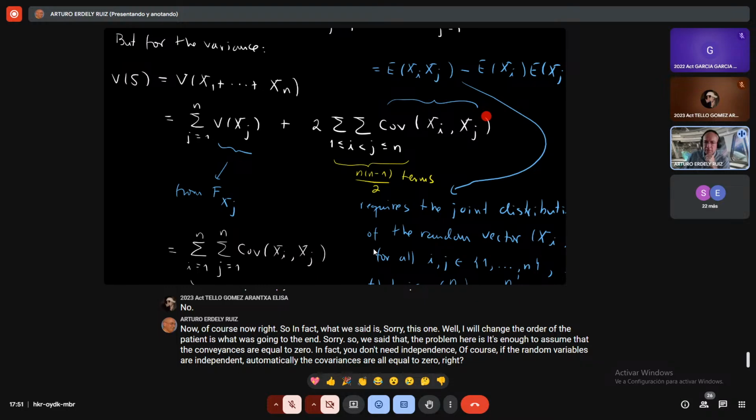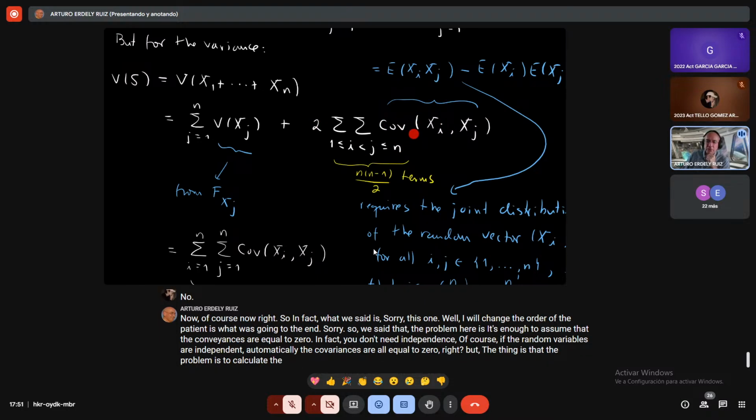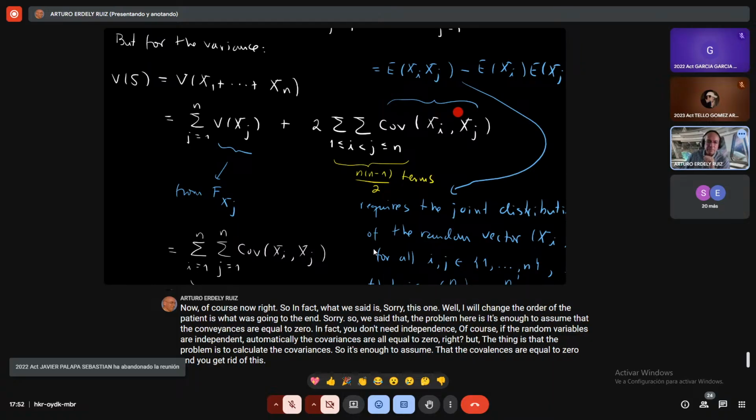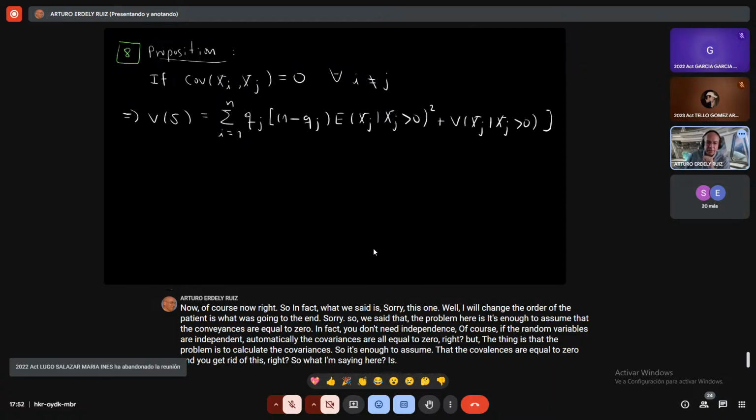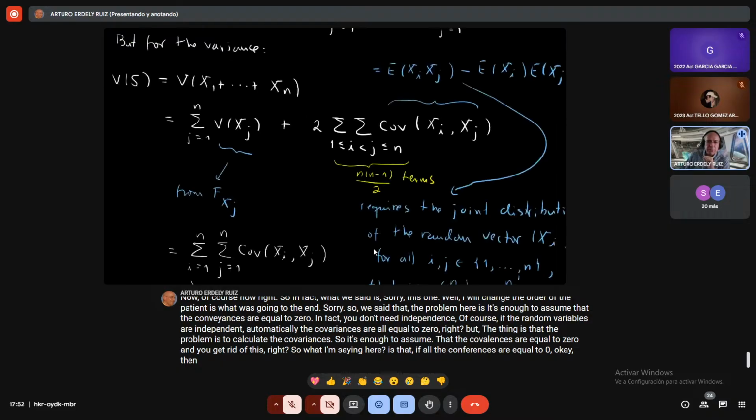But the thing is that the problem is to calculate the covariances. So it's enough to assume that the covariances are equal to 0 and you get rid of this, right? So what I'm saying here is that if all the covariances are equal to 0, then you get rid of this part, but then you still have to calculate these individual variances, okay?